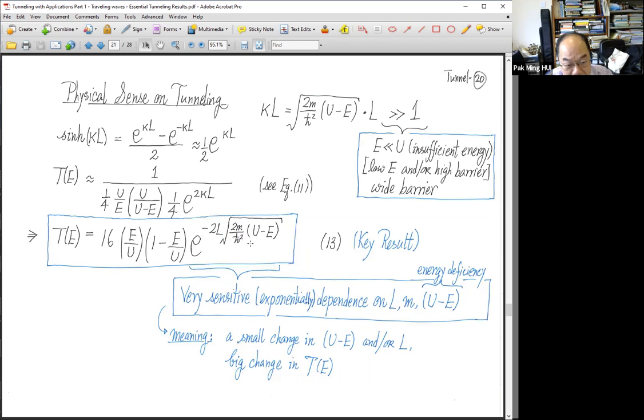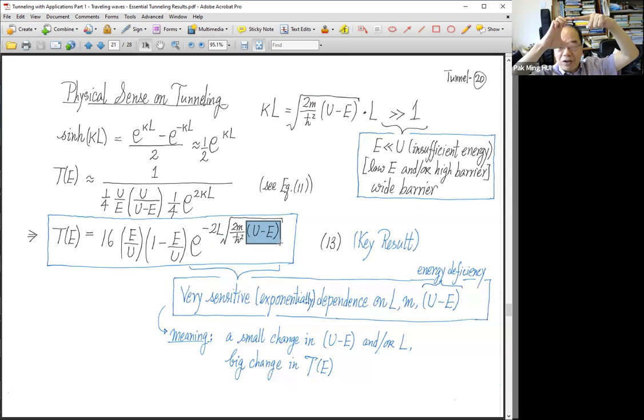By that I mean, you see, it is exponentially minus something. So it's dropping with the increase of this parameter up there. And what are they? If the energy deficiency increased by a little bit, that is to say, this is the barrier, energy E incident here, okay?